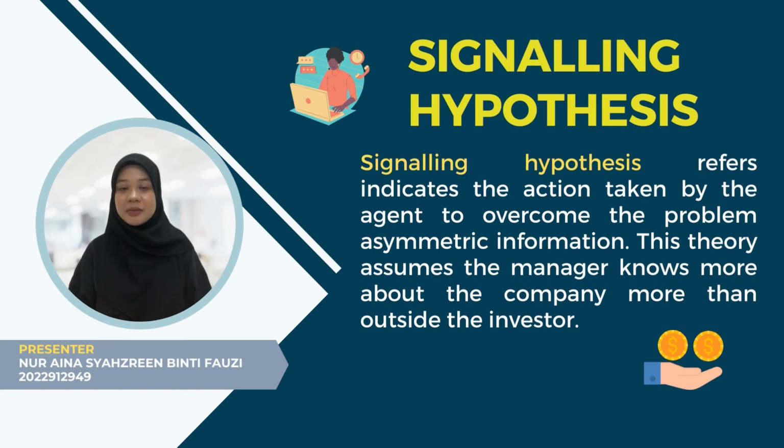This theory determines that an increase in dividend payment indicates a strong prospect of the company. In general, the signaling hypothesis helps the business to find solutions and overcome the problem between insiders and outsiders. It also helps the company to show good performance to the public.